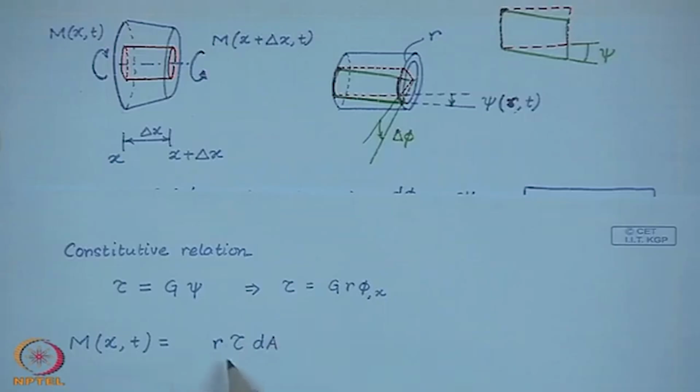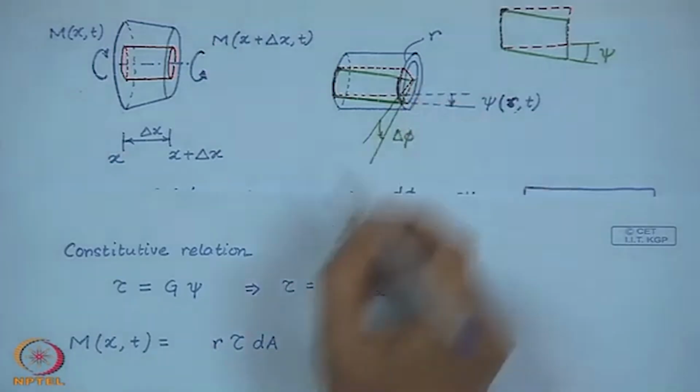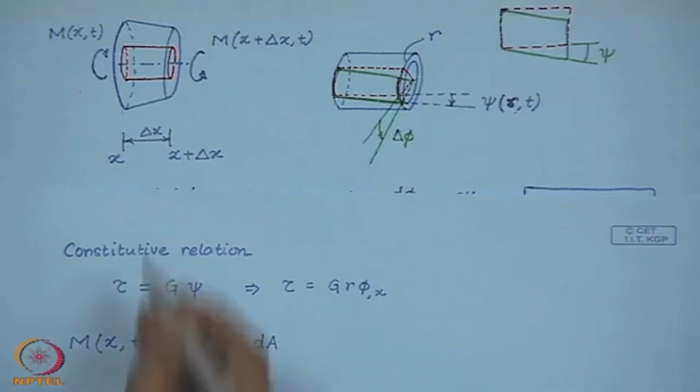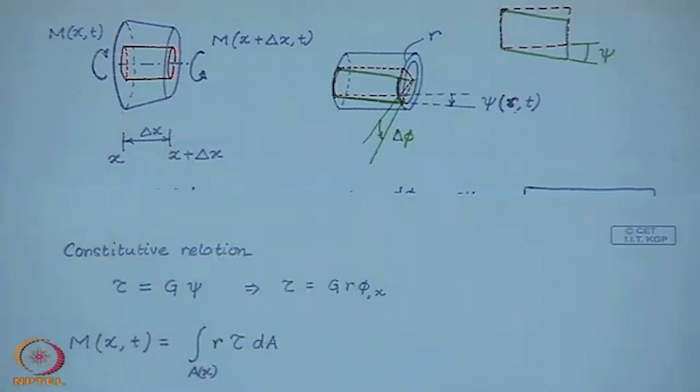So, that will give us the moment, the torque. Now, if you integrate this over the full face, then you get the total torque on this face of the bar.